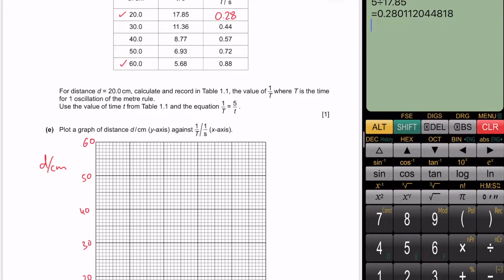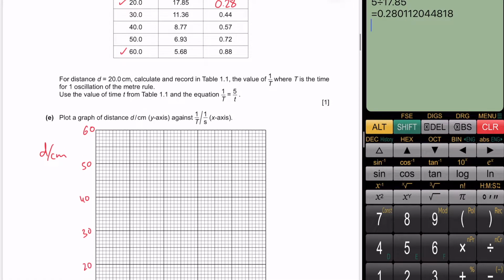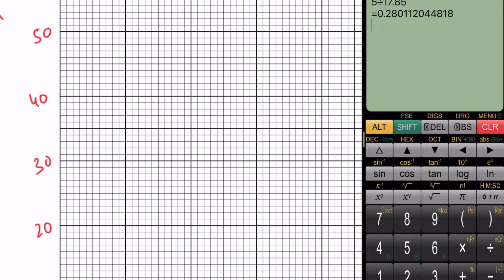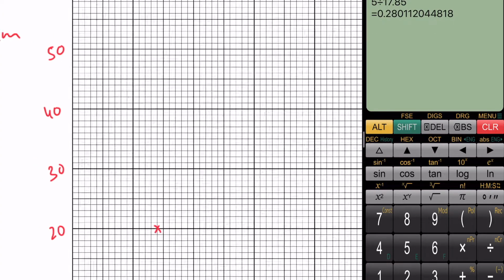And for 1 over t, it starts from 0.28 and it ends at 0.88. So 0.2, 0.4, 0.6, 0.8. I think that should be fine if I use 0.2, 0.4, 0.6, 0.8, and 1.0. Starting off with the first point, at 20.0 we have 0.28. Remember to put a cross.